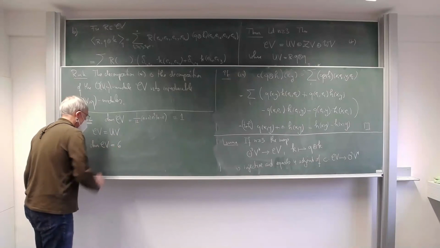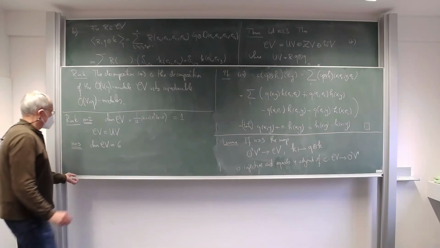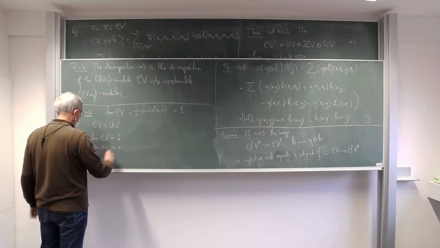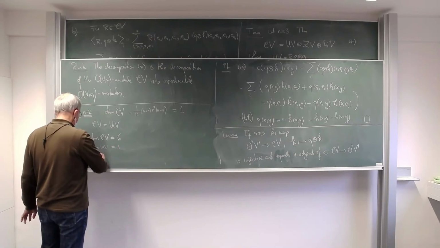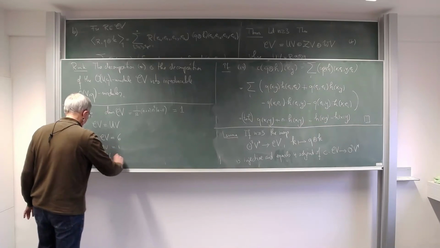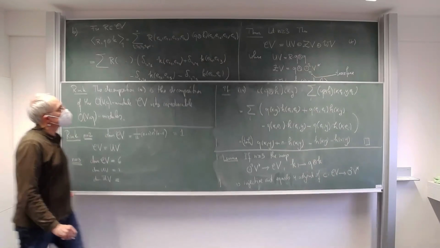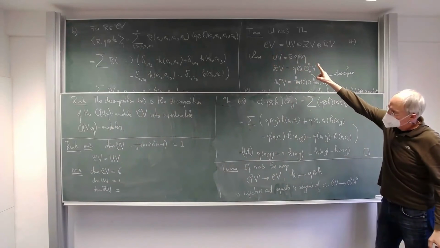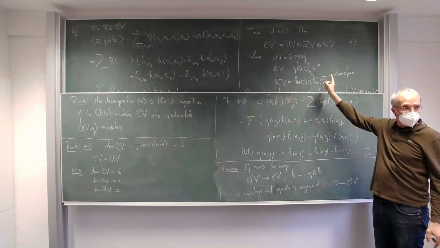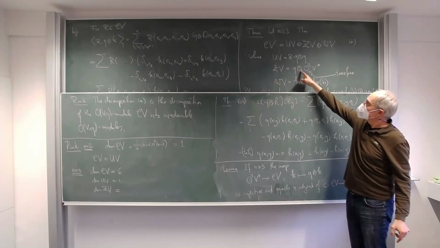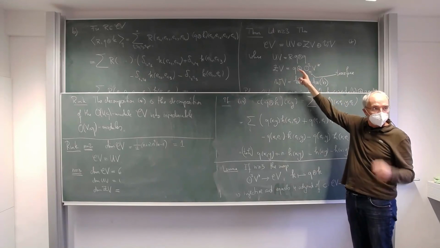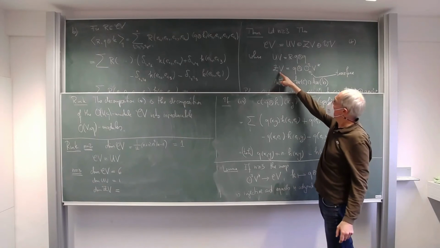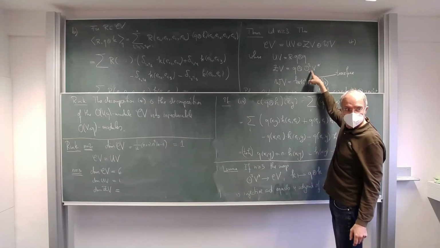So it's 6. Furthermore, the dimension of UV is always 1. And what's the dimension of this ZV part? Now we are in the case of dimension at least 3, where Q is injective, and where this map multiplied by Q is injective. And that means that this space has the same dimension as that space.